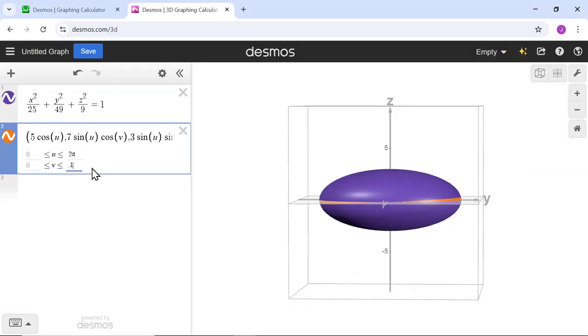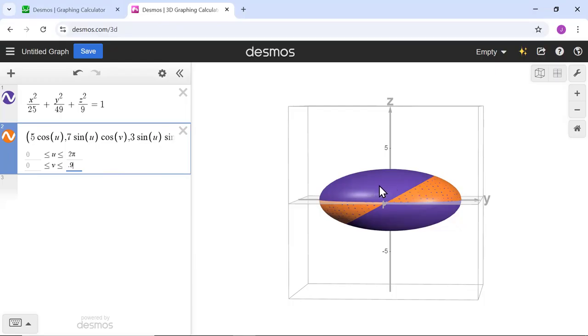As you start making your v bigger, let's say 0.3, then the band gets higher, or 0.5. So as we get v bigger, you can see that we're going around the ellipse.